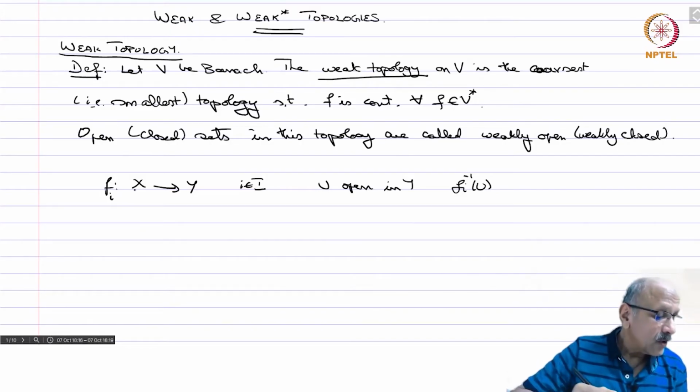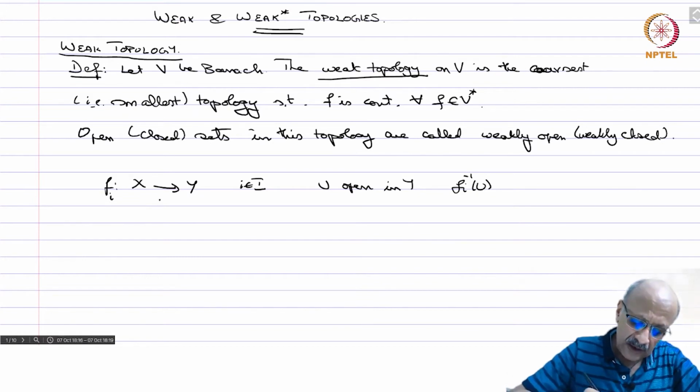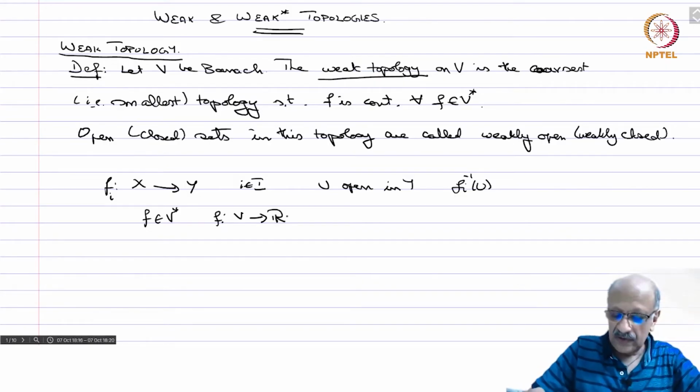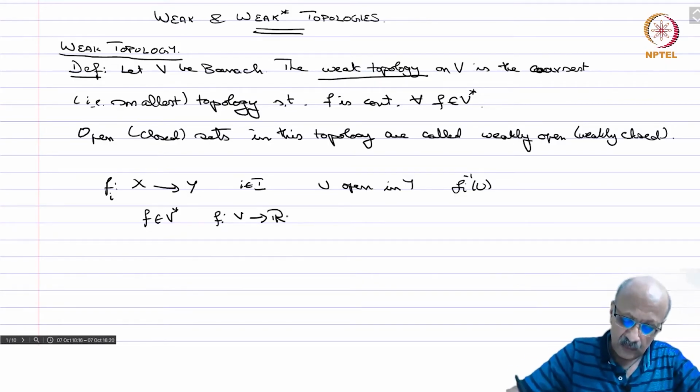Okay, so therefore, basic open neighborhoods. Here we are taking Y equals R. So we have f in V star, so f goes from V to R, or C; whatever I am saying for R works for C also. What's a neighborhood here? If I take x naught, then x naught goes to f of x naught.